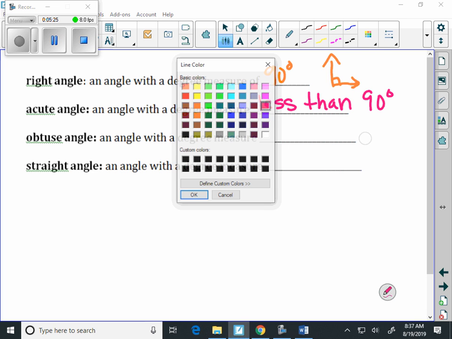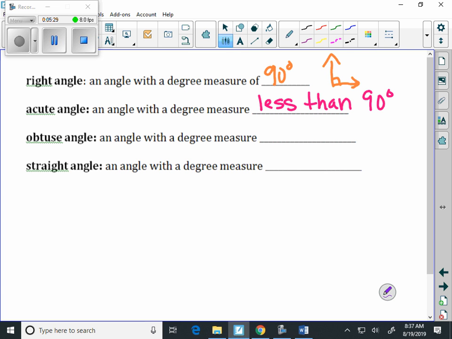Obtuse, it's an angle with the degree measure that's going to be more than 90 degrees and less than 180 degrees.